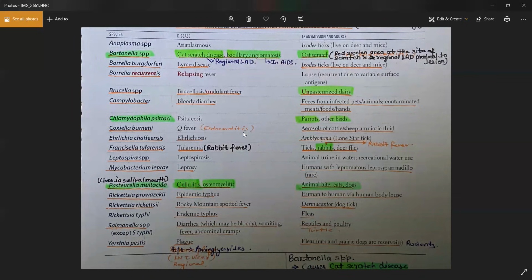You will study later in the cardio section, the native valve endocarditis, or the culture negative endocarditis. It is caused by the Coxiella, the culture negative endocarditis. So whenever you encounter a patient with a history of endocarditis and you take some type of blood culture and you won't get any bacteria in them, they are most probably caused by the Coxiella burnetii. Okay, and I will explain that later again.